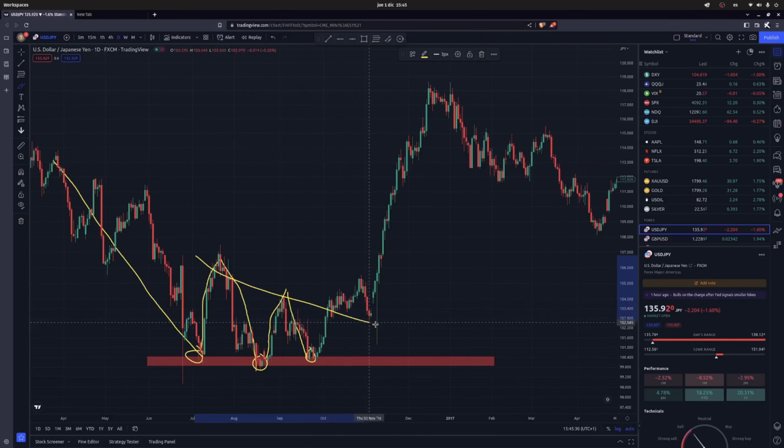This would be the neckline, right? And we broke out here, pulled back, went back up, pulled back down. Probably when we passed this point here, we would have the confirmation of a trend reversal, either here by breaking this neckline, or here by breaking this higher high.